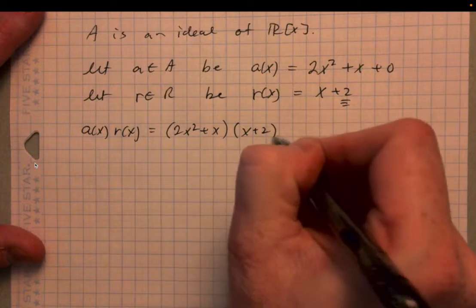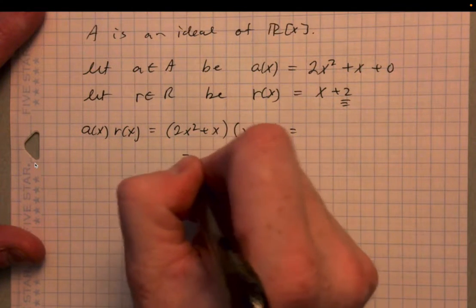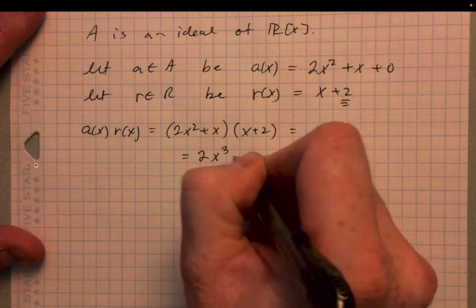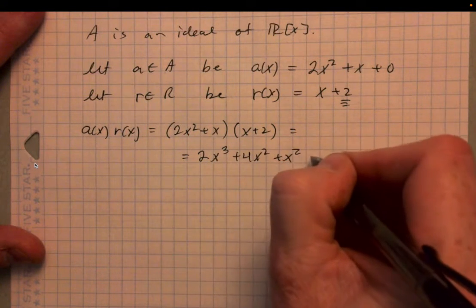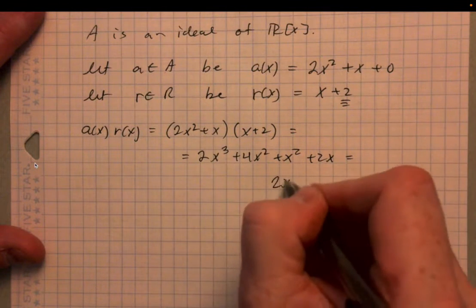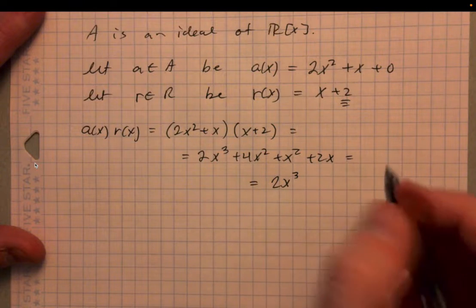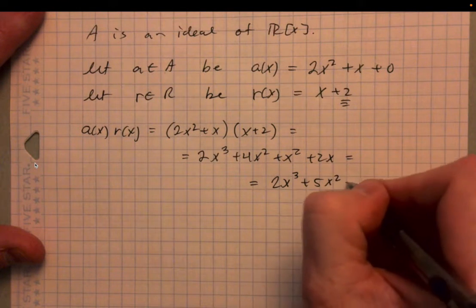When I expand this, it's going to be 2x cubed plus 4x squared plus x squared plus 2x, which is equal to 2x cubed plus 5x squared plus 2x.